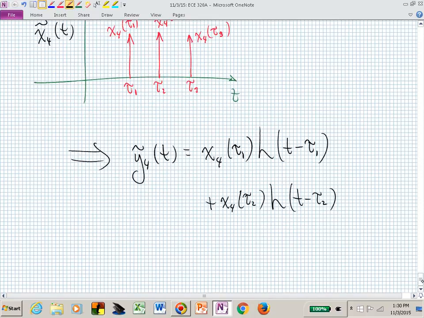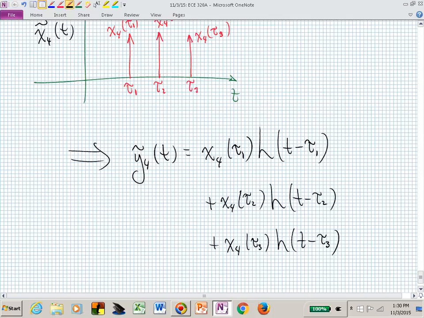And finally, the weight on that last impulse is x sub 4 of tau sub 3, that's going to scale the impulse function delayed by an amount when that time starts.